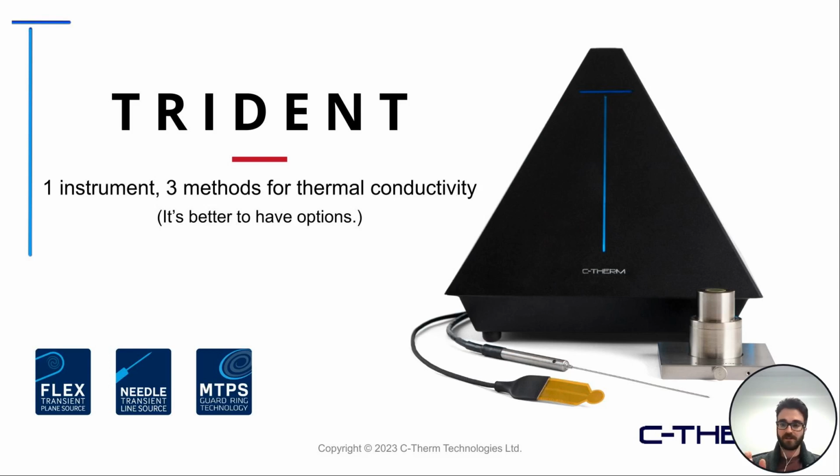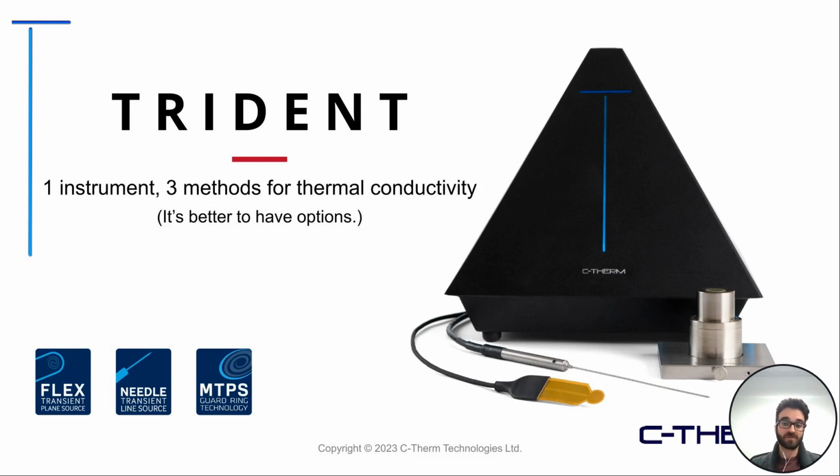In particular, our Trident platform is our flagship system, the system that was featured in the intro video at the beginning, if you were able to see that. It features 3 different methods for thermal conductivity. There is no one method that can do everything. There are certain limitations you need to be aware of, whether related to sample size, testing condition, things of the sort.